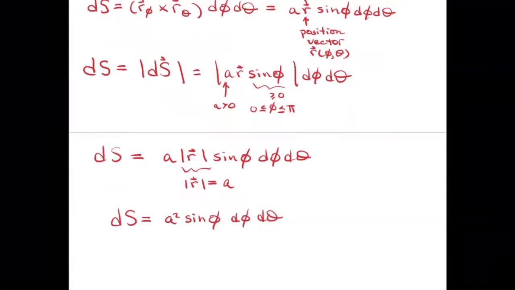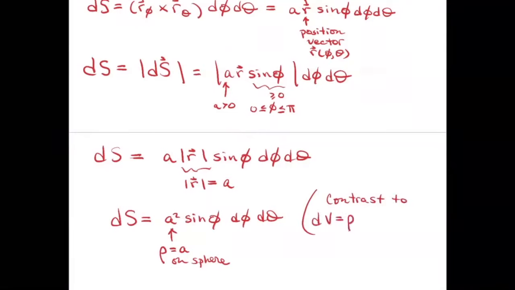Remember, the equation of the sphere is rho equals a on the sphere. So you're living on the sphere. You want to contrast this to dv, which is rho square sine phi d rho d phi d theta.